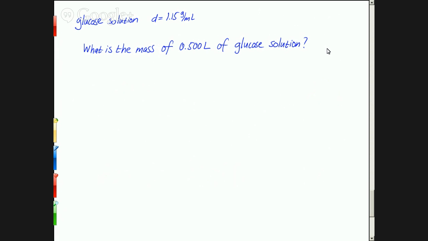So you're given something in liters, and we want to know mass. But the only way we can get to mass is using that density, so there might have to be another step there. So think about this, talk about it, see what you come up with.